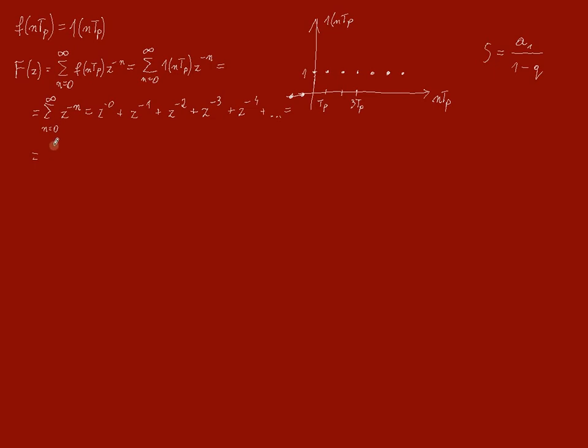Our first term is 1 and q is equal to z to the power of minus 1. This is the transform of a unit step.